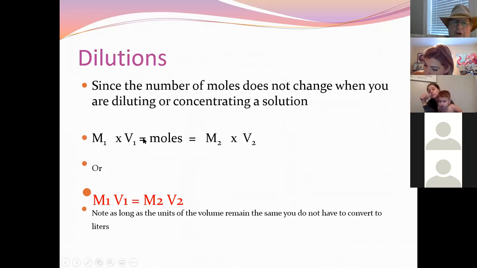If my concentration goes down, my volume goes up. We're going to start here on Thursday with our dilution problems, where our first concentration times our first volume is equal to our second concentration times our second volume. As long as you do not add more solute in there, this will maintain.